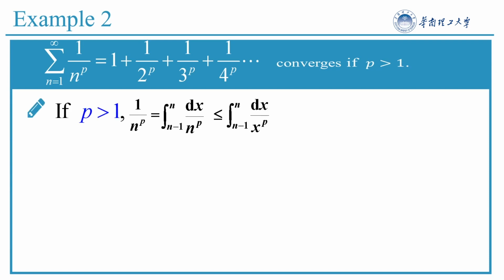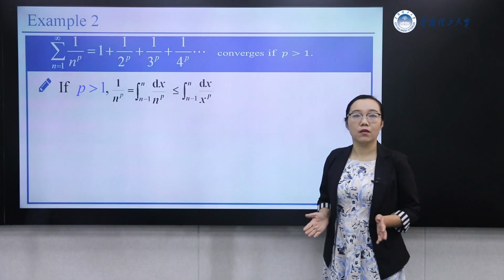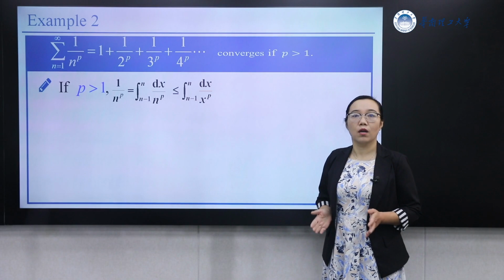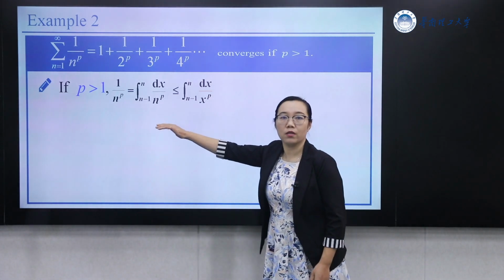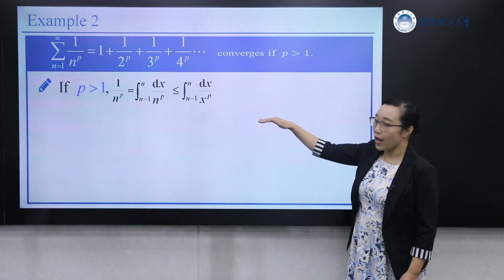Proof: given condition p is greater than 1. Then we have 1 over n to the power p equals the integral of the constant times dx.